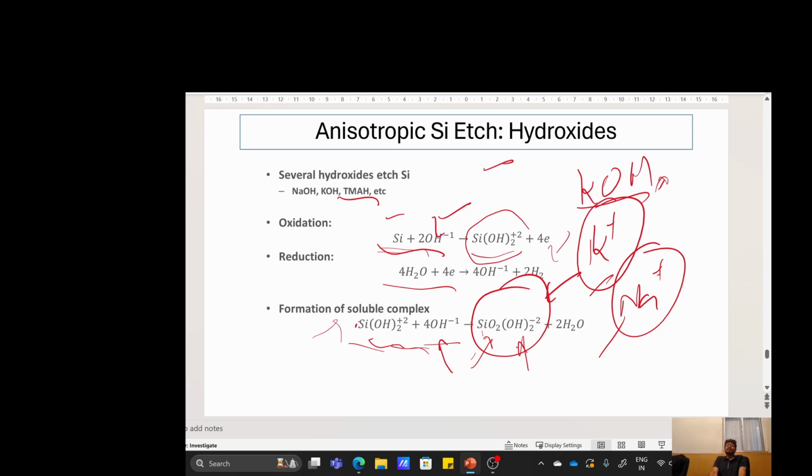But these agents, NaOH and KOH, contain metal ions, so if you are doing CMOS kind of processes after this, you cannot use them.